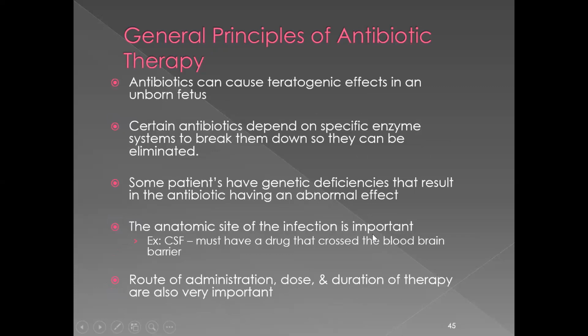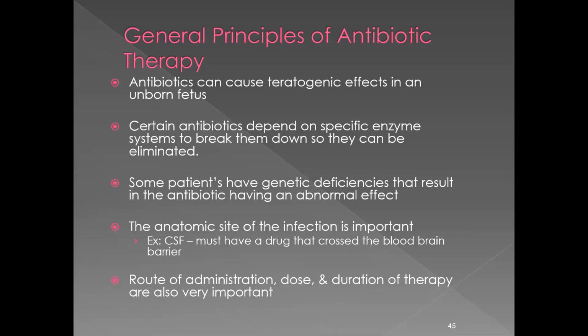Some more general principles of antibiotic therapy include that antibiotics can cause teratogenic effects in an unborn fetus, so make sure you pay attention to the pregnancy category. Certain antibiotics depend on specific enzyme systems to break them down so they can be eliminated from the body. Some patients have genetic deficiencies that result in antibiotics having an abnormal effect.